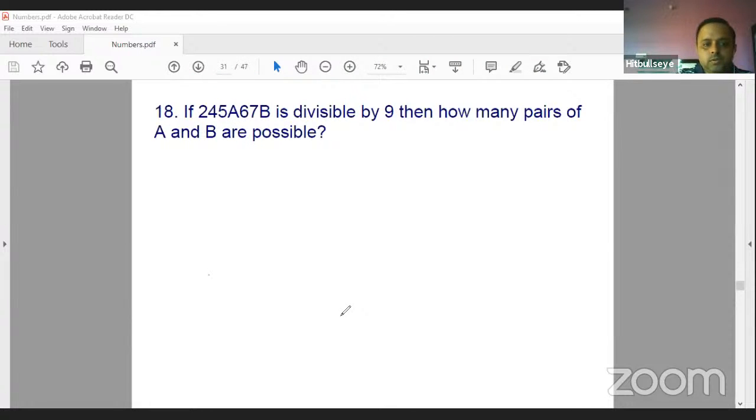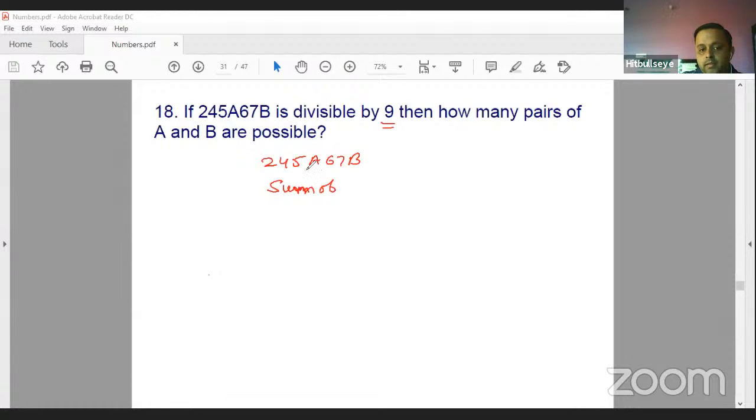Okay, so the question says that this number 245A67B is divisible by 9. How many pairs of A and B are possible? Now, a number is divisible by 9 if the sum of its digits is divisible by 9.